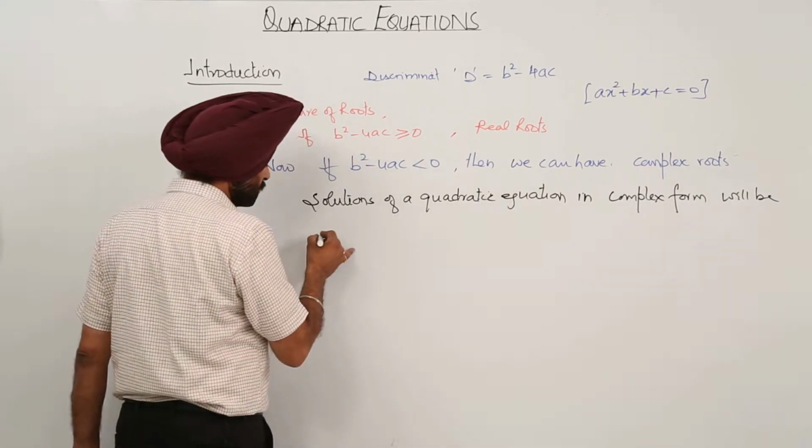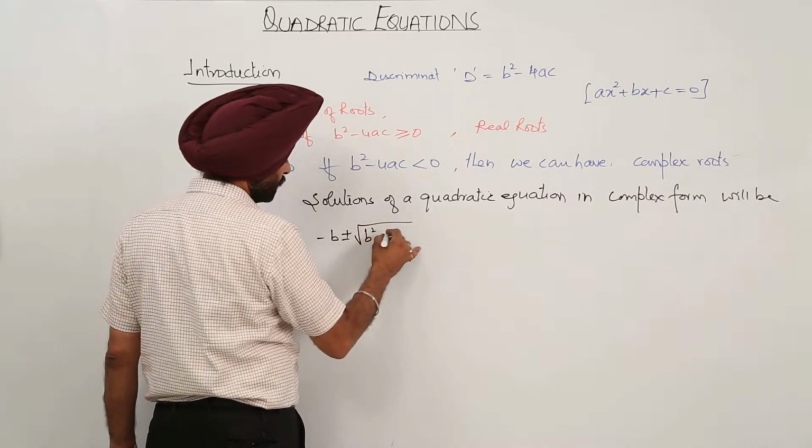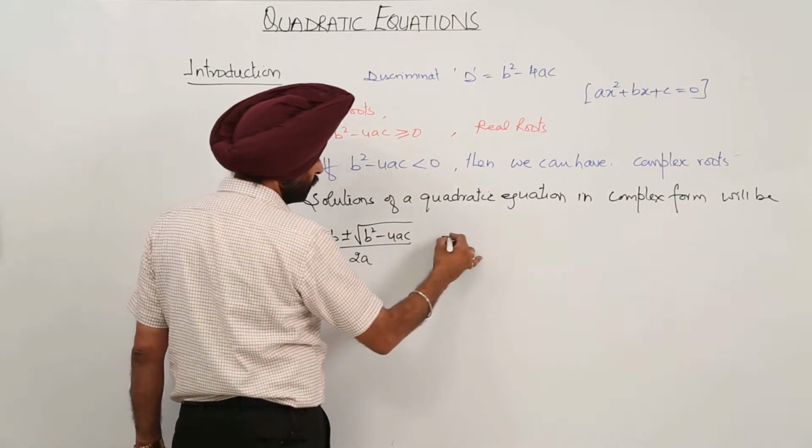Earlier it was x is equal to negative of b plus minus square root of b square minus 4ac upon 2a.